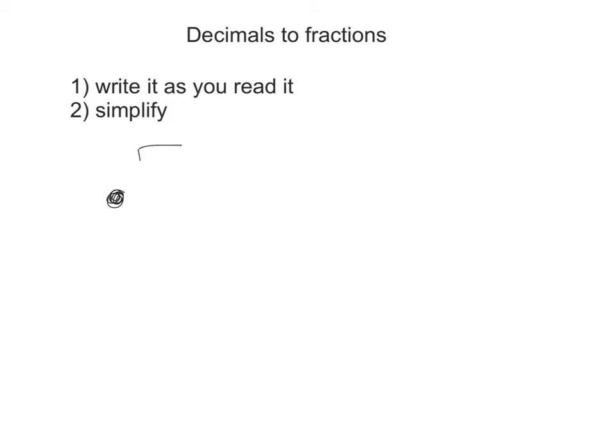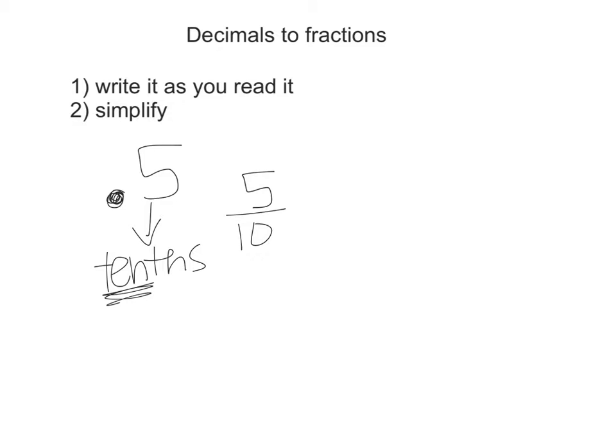So if I have a decimal like this, I say that is 5, and because it's one spot behind the decimal, that is 5/10. I see the word 10 in there, so 5 goes over 10, and then I need to simplify. 5 over 10, I can divide them both by 5, and that is 1/2.